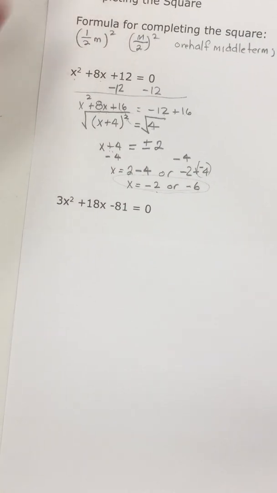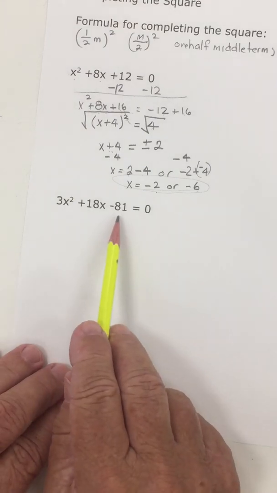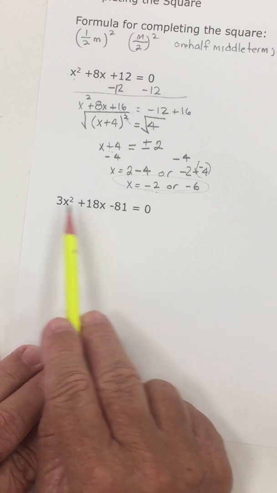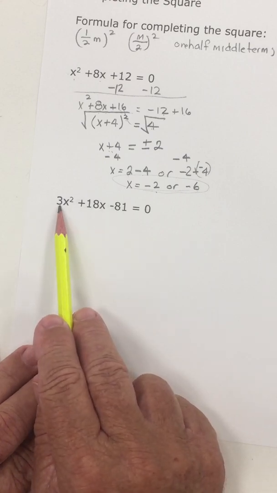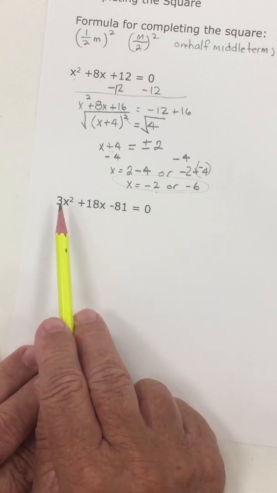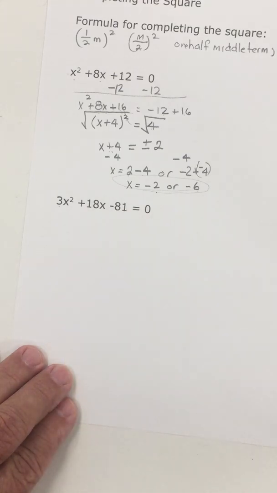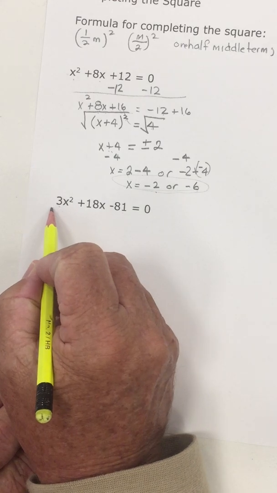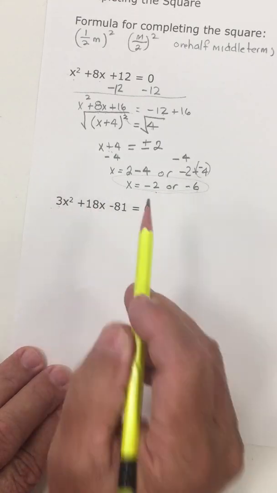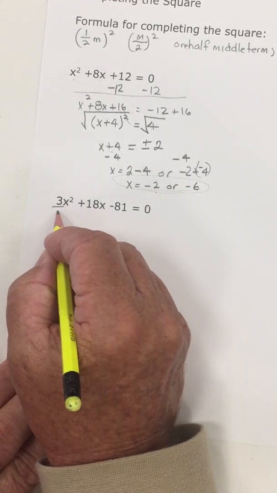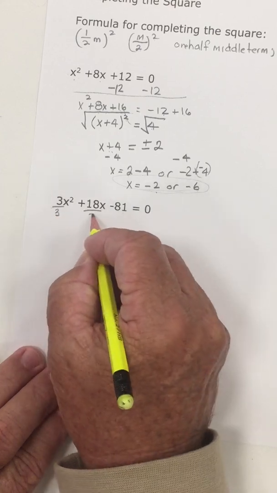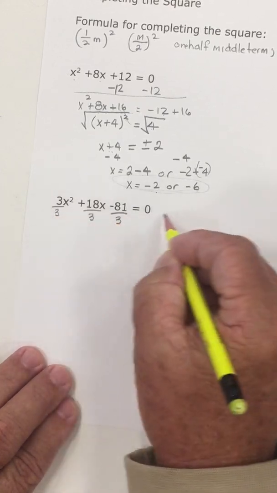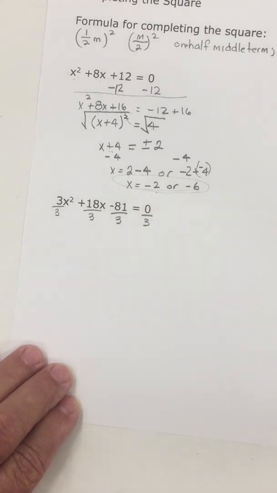All right, another one. What do you notice immediately about this one? Everything is on this side, which is okay, but we have a coefficient of 3. So what do we have to do first before we figure this out? We have to get rid of the 3. And coincidentally, all these are divisible by 3. So we divide that by 3, that by 3, that by 3, and that by 3.